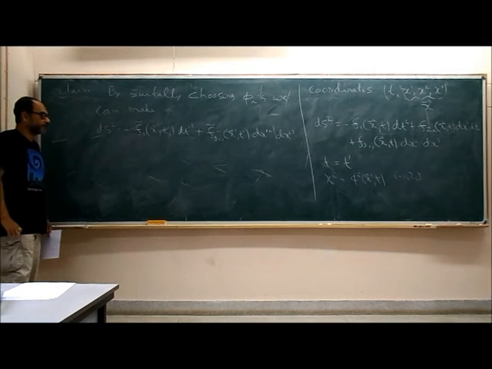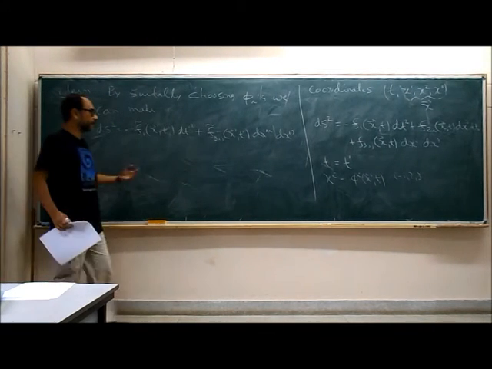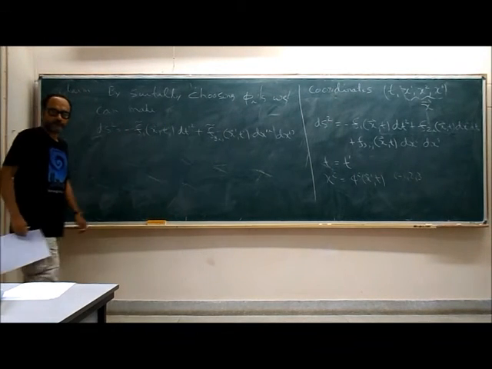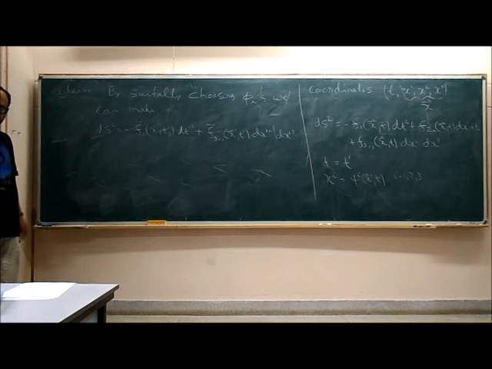So basically the off diagonal term, the cross term between the dx and dt, can be removed by adjusting these phi's. Is this statement clear?